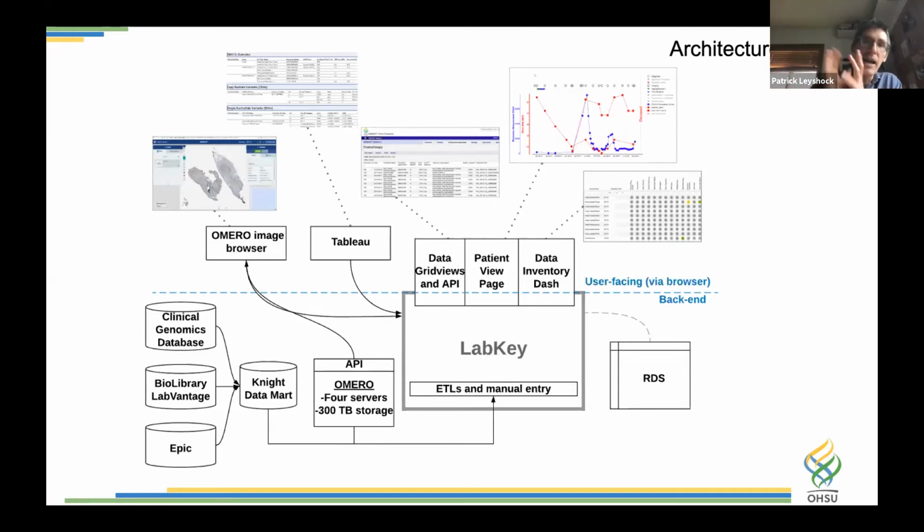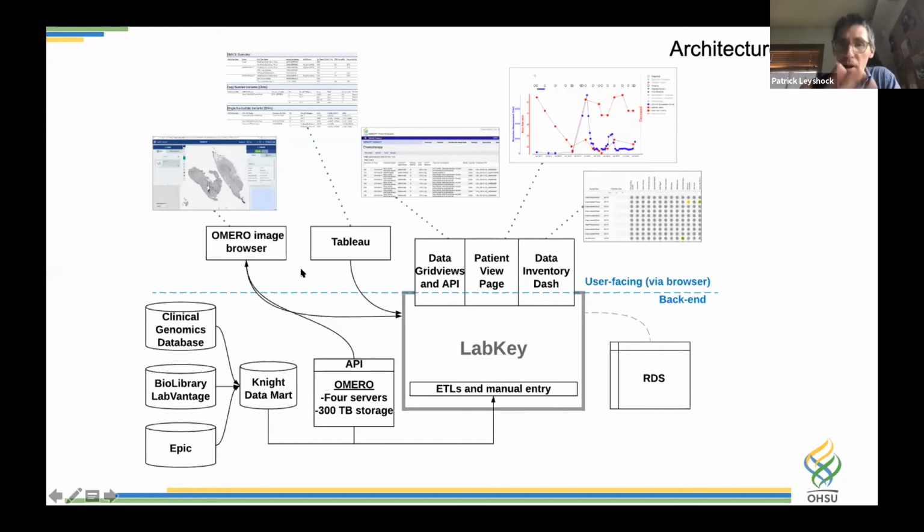First, every night, LabKey server queries out to the Omero server and says, Omero, give me metadata records for all relevant images. Those metadata records are then pulled into LabKey, stored in a data set that users can interact with through a data set grid view. We've also added a link in that data set that users can click on, and what that does is launch within their browser a dedicated window that lets them actually dive into the slide, look at the image, zoom in, etc. Very nice functionality.